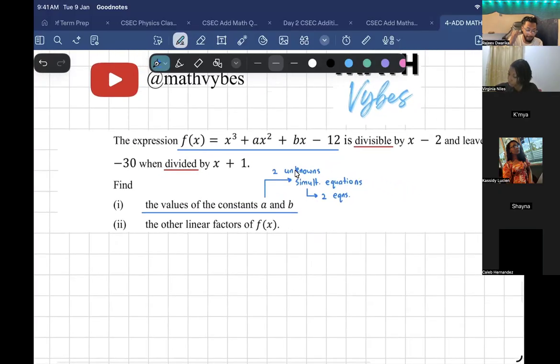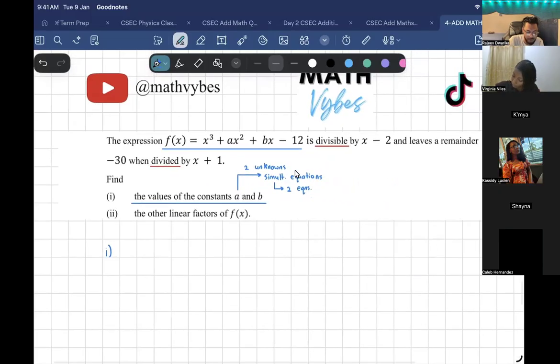So like I just said, you have 2 unknowns, so you need to form what? 2 equations. How are we gonna form those equations? By dividing, or what are we gonna do? You're gonna use x minus 2, so x is equal to 2, and plug it into f of x.